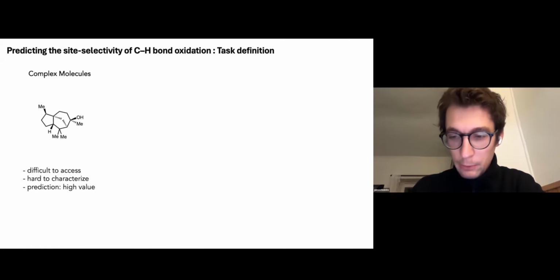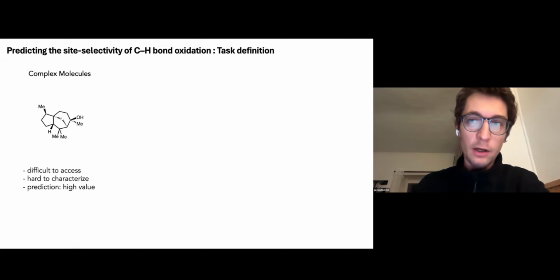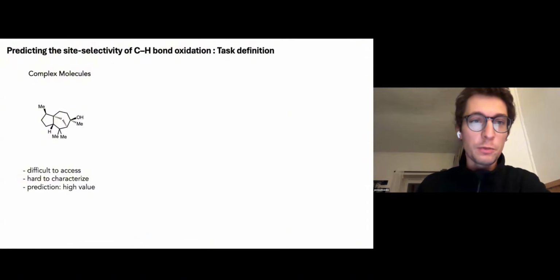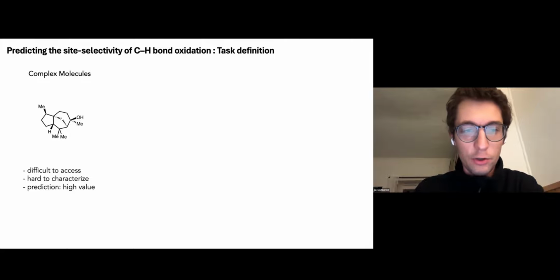And so I'm going to illustrate that in the case of a recent paper we published, where the task we thought was interesting for our models would be to predict the site selectivity on complex molecules, but these molecules are difficult to access. They are hard to characterize.